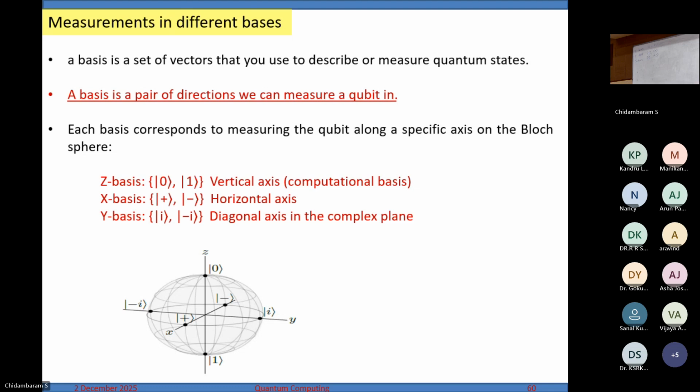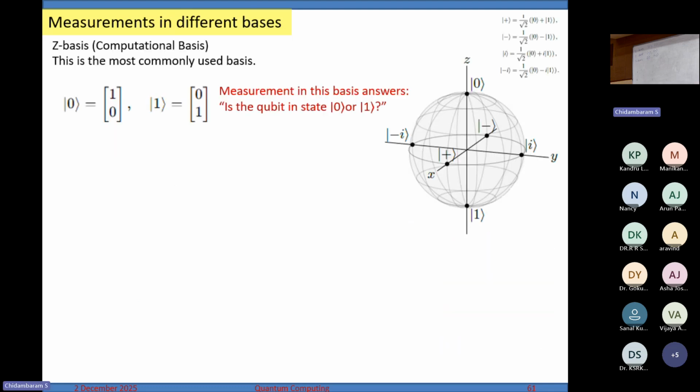Okay, so now imagine I have 0 state and then I have 1 state. What is 0? I am writing in the form of vector representation, or in the form of a column matrix. So ket 0 is (1, 0) and ket 1 I am writing as (0, 1), right? I am writing ket 0 and ket 1 in the form of column matrices.